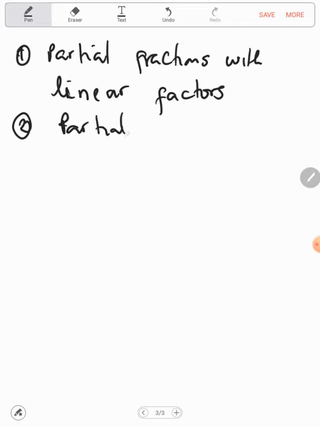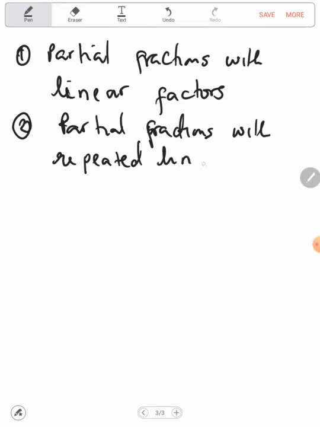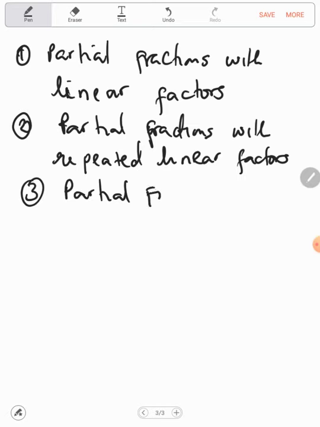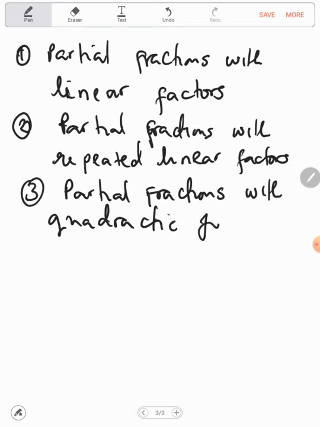Then we have partial fractions with repeated linear factors. And finally, we have partial fractions with quadratic factors.